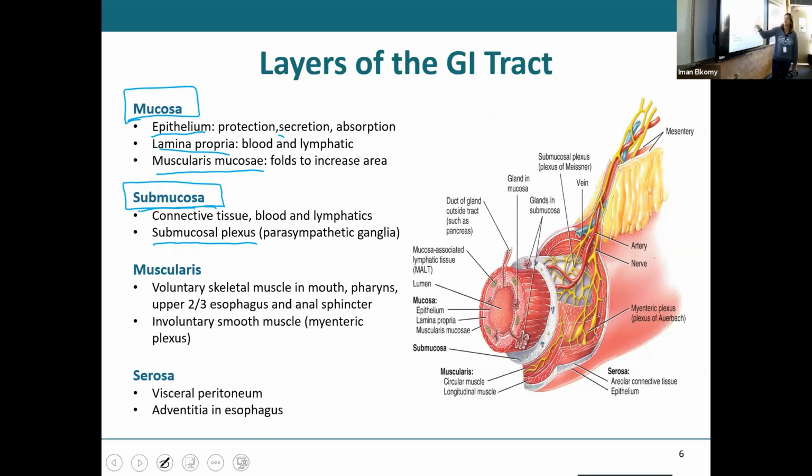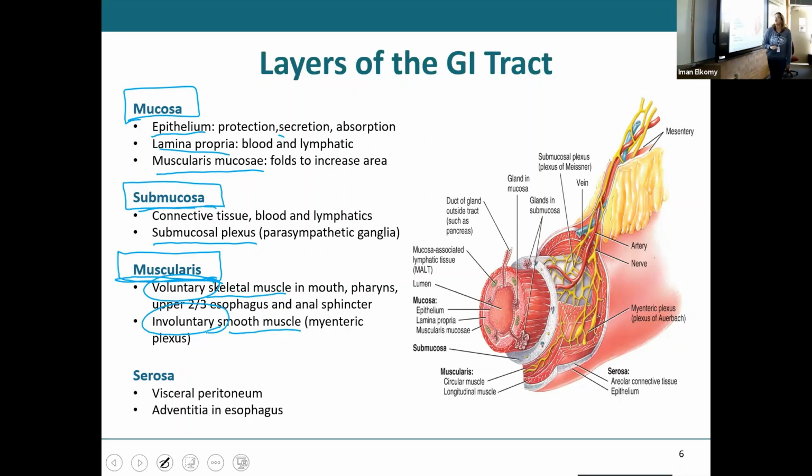Then we have our thick muscle layer, that muscularis. All right, so the muscularis in the GI tract could be skeletal muscle or smooth muscle. When it is skeletal muscle, that makes it a voluntary muscular layer. So skeletal muscle is voluntary. Smooth muscle is involuntary.